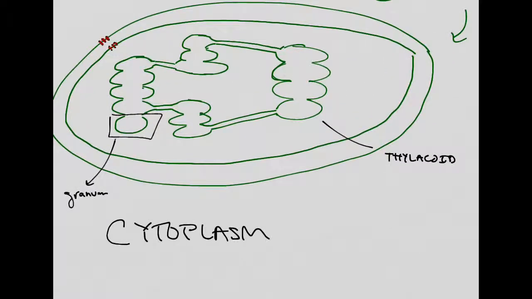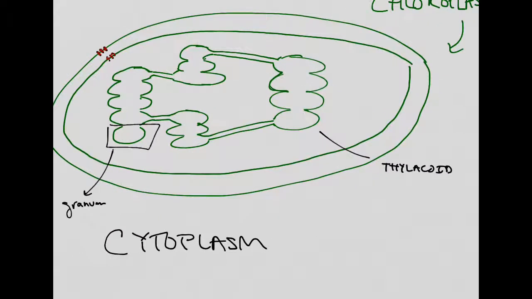And one more piece you should know is that outside of the thylakoid membrane system is the stroma. Now, don't confuse the stroma with the stoma or the stomata, which are the opening pores on the underside of a leaf. That's a very common misconception.